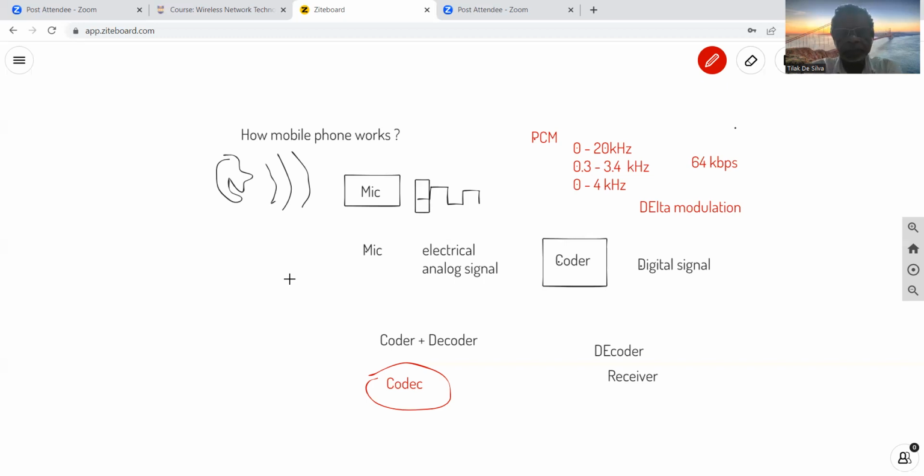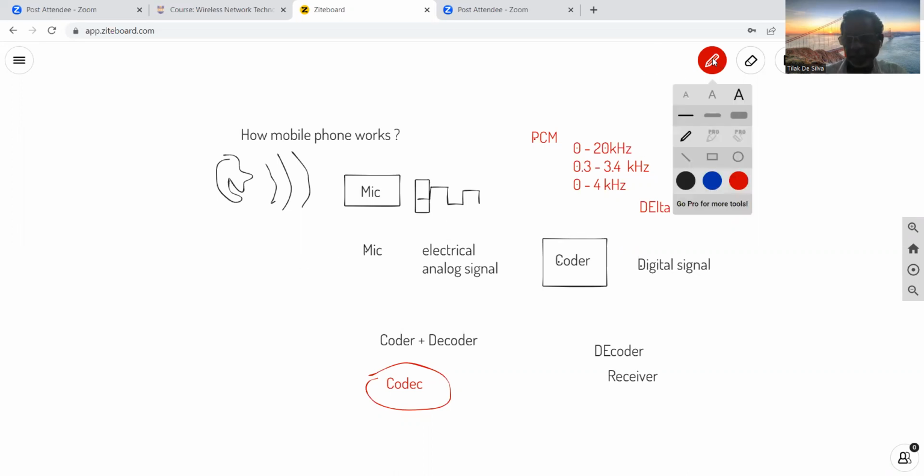In free space, when you are transmitting the signal, it should be an analog signal. You cannot transmit a digital signal in the free space. In free space, it is going as an electromagnetic wave, so it is an analog signal.